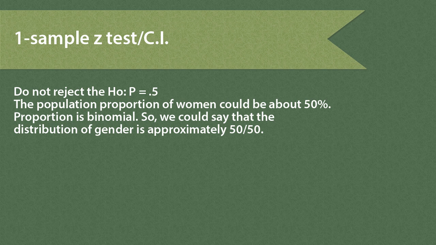Now we can conclude further, because proportion is binomial, we could say that the distribution of gender is approximately 50-50. We only tested for the women, but because proportion is binomial, we can get the same conclusion for not women, or the complementary event.